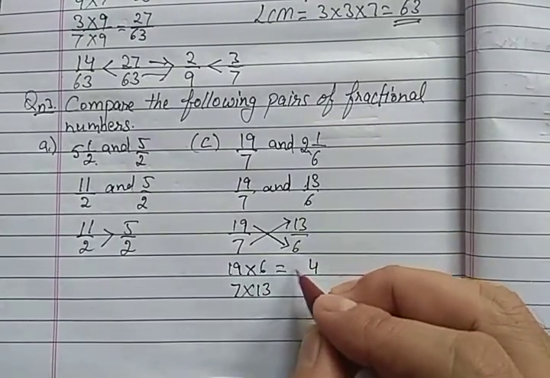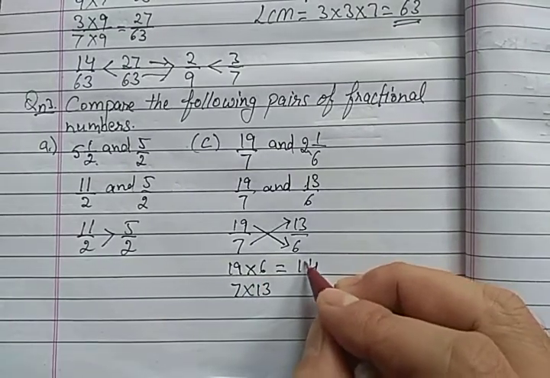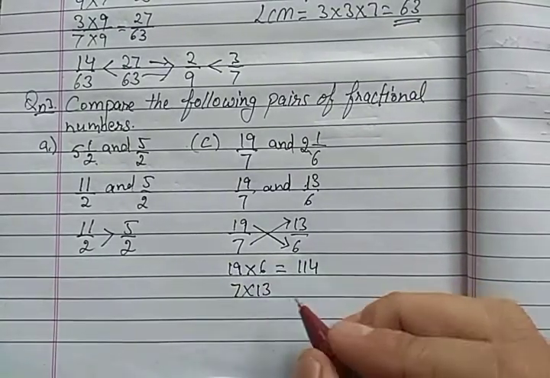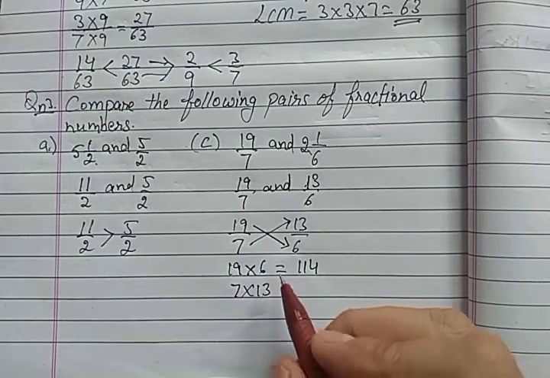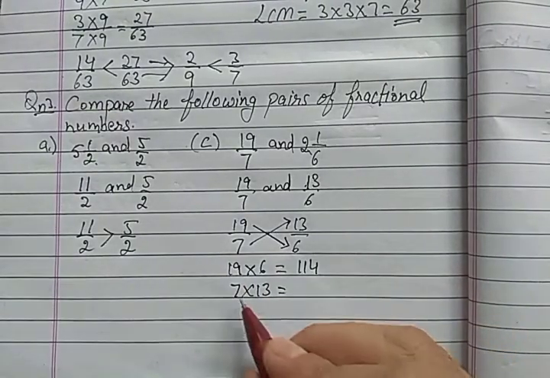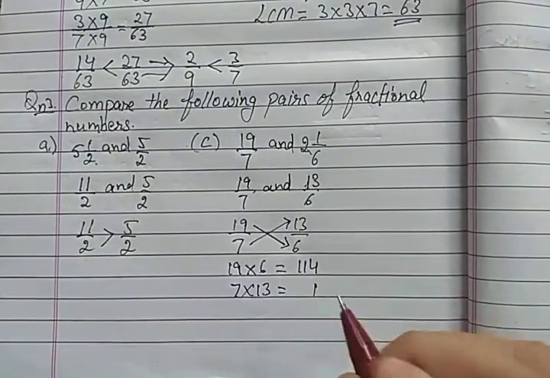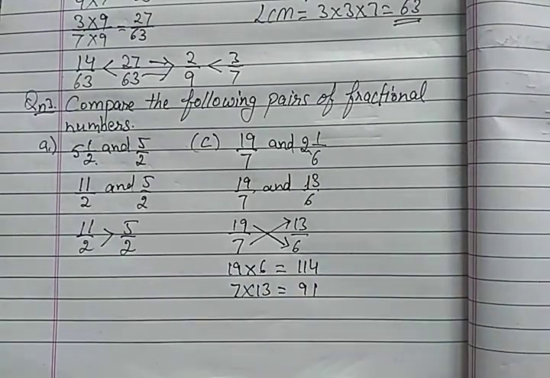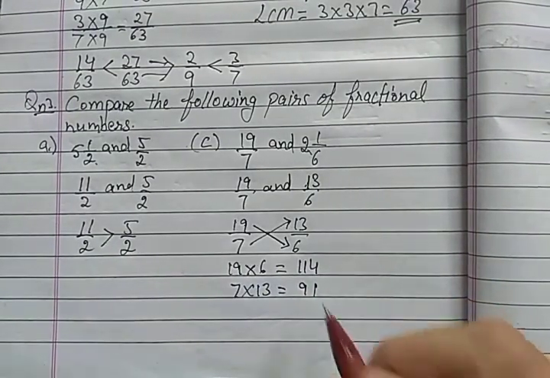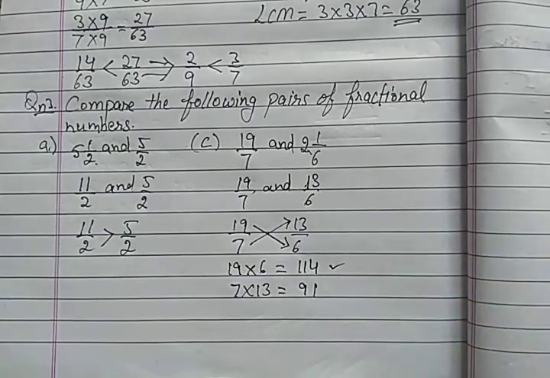So it's 114. 19 6s are 114. And 7 13s are 91. So which one is greater, 114 or 91? So 114 is greater.